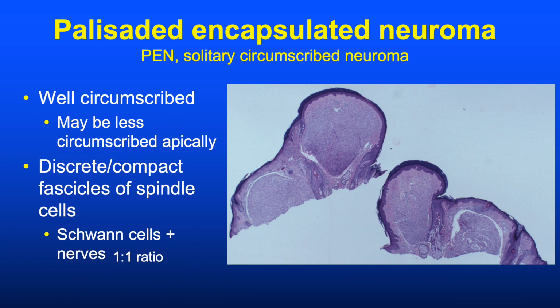Returning now to the world of common neural tumors, palisaded encapsulated neuroma, or PEN, is the first of a group of really unrelated entities that are classified as neuroma, although some of them actually represent hyperplasias. PEN, however, is regarded as a benign neoplasm, and in contrast to neurofibroma, they tend to be very well circumscribed, although not necessarily encapsulated.